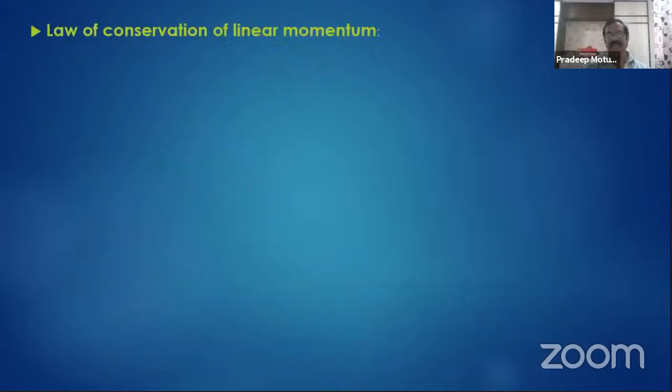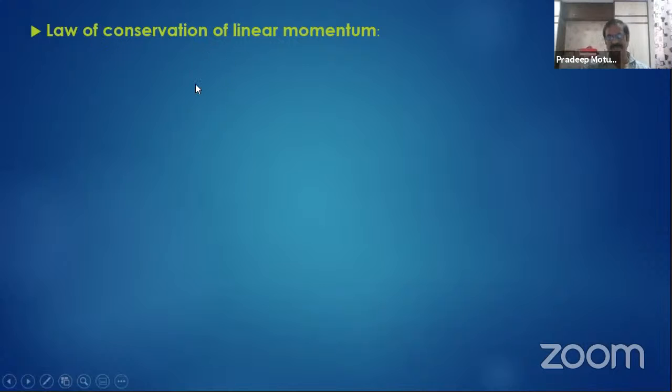Very important is the law of conservation of momentum. It is a set of questions for IPE purpose. What is conservation?